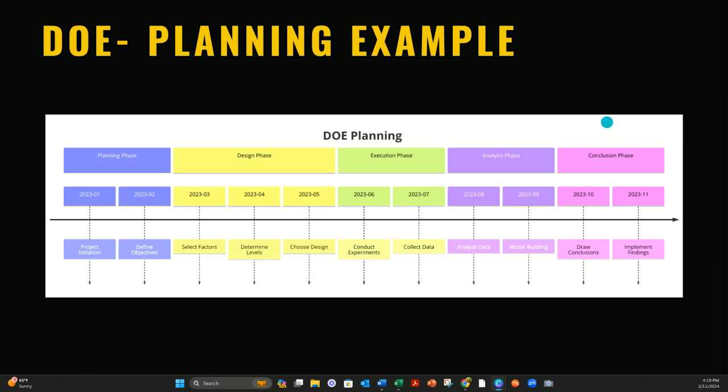In the conclusion phase, this is where we're drawing conclusions or assumptions about the data, making it educated and saying, okay, well, we know that this variable is going to impact that variable, leading to an outcome of this. And then we implement what the findings are.